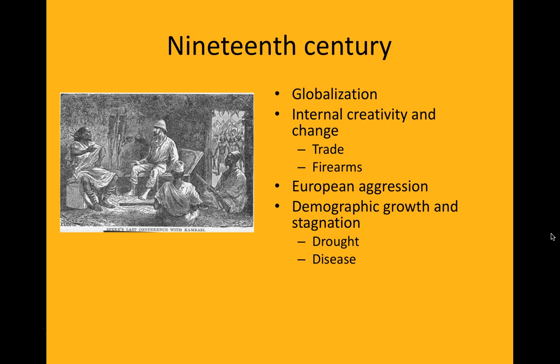Some parts of Africa, though, in the 19th century witnessed demographic stagnation. There was growth in certain areas, but others faced a lot of drought and disease. The disease, not only among humans, but in parts of Africa, diseases among cattle were much more devastating even than outbreaks of some kind of disease among human beings.